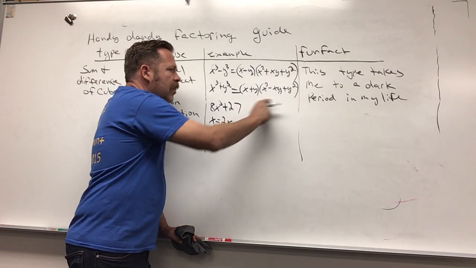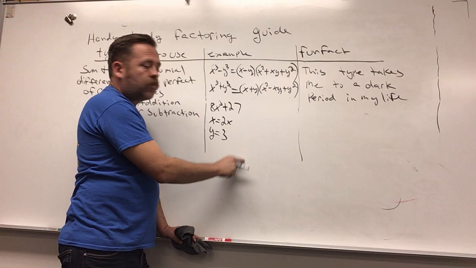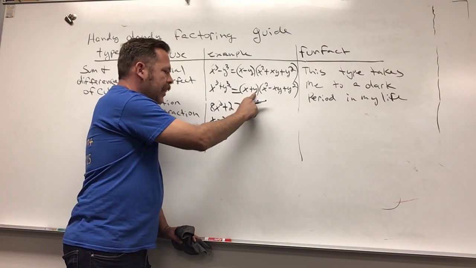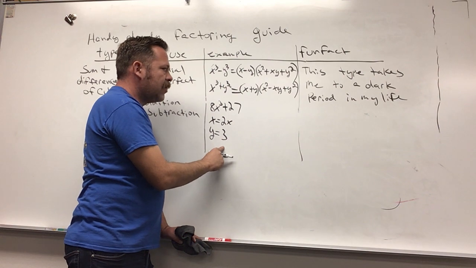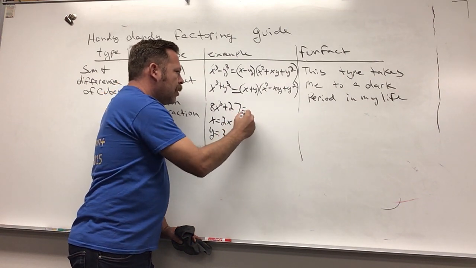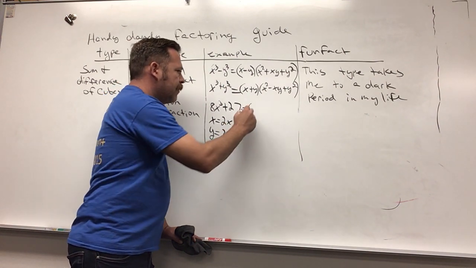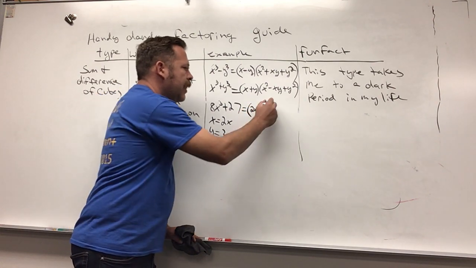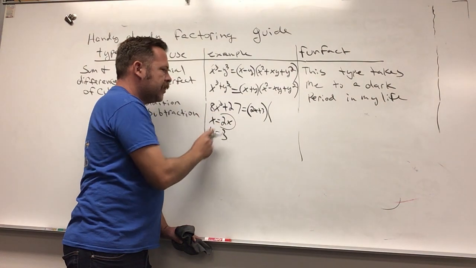Now look at this sum of cubes formula. All we have to do is replace every x with 2x and every y with 3, and we've got the factored form. So I'm going to have 2x plus 3, and then next I'm going to square this.